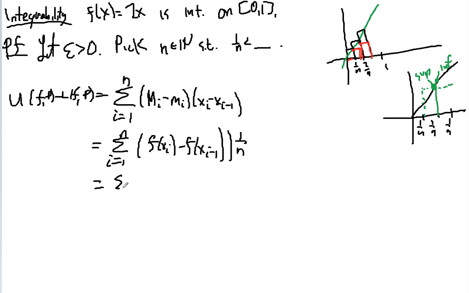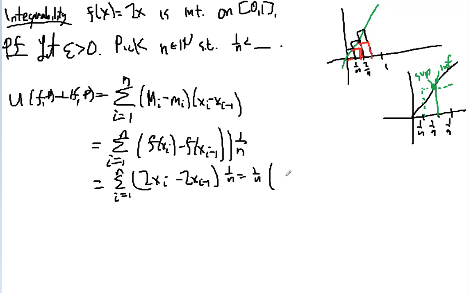So this is just going to be equal to the sum from i equals 1 to n of (2x_i minus 2x_{i-1}) times 1 over n. But if you write this out, everything's multiplied by 1 over n.